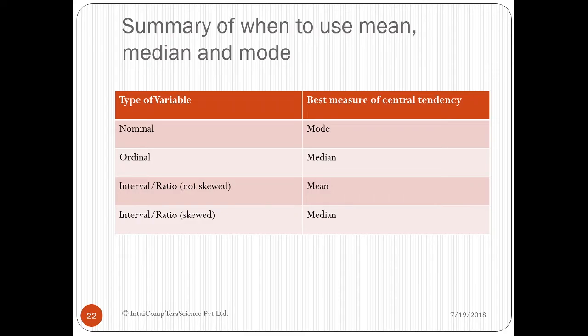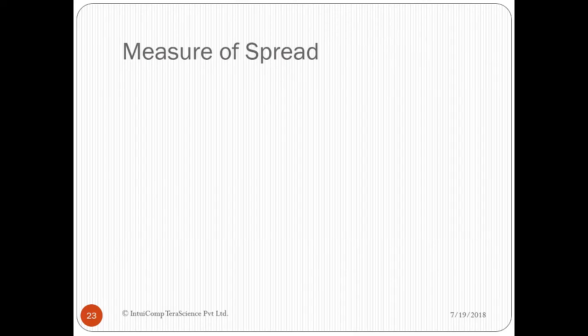If it is ordinal or interval or ratio but skewed, then median is used for best representation of central tendency. Mean is used when we have an interval or ratio type of variable which does not contain any outlier and is not skewed, as we have seen in the previous 3 examples.